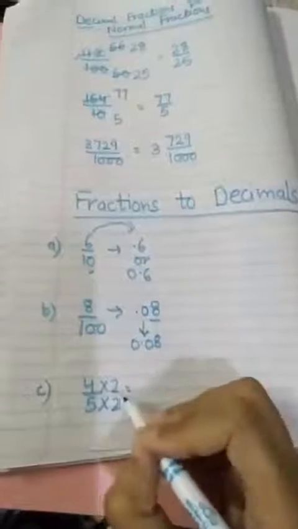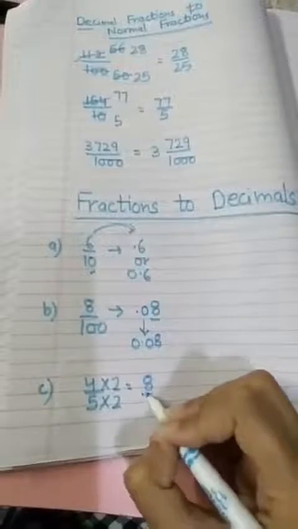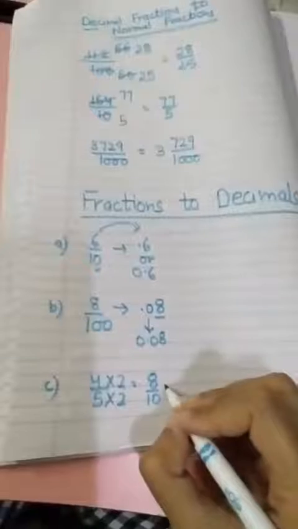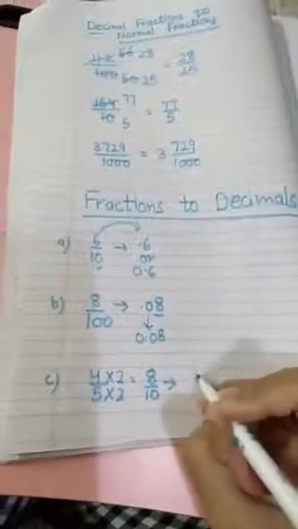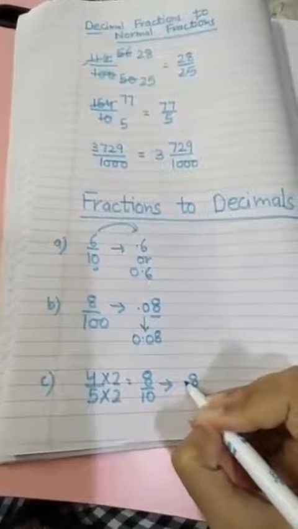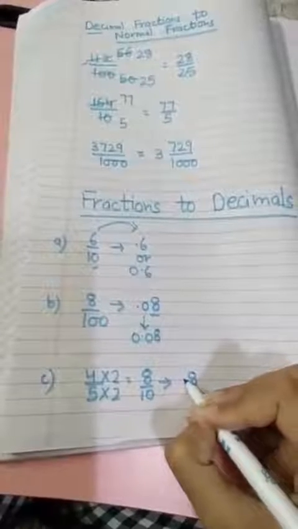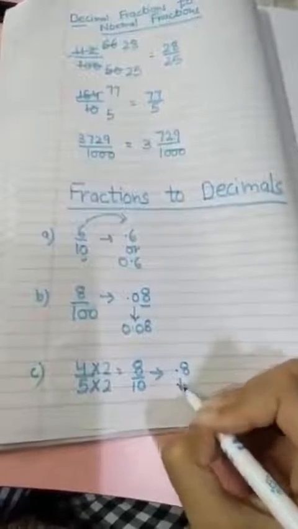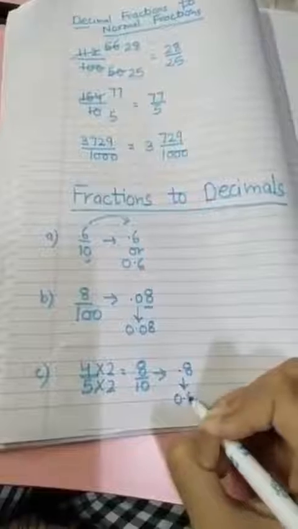So when we multiply, we get 8 upon 10. Now this 8 upon 10 can be easily converted into a decimal. We write 8 and place the decimal point before this 8 towards the left-hand side, and it has come to be 0.8. So in this way we convert fractions to decimals.